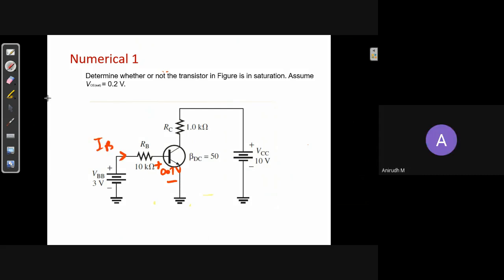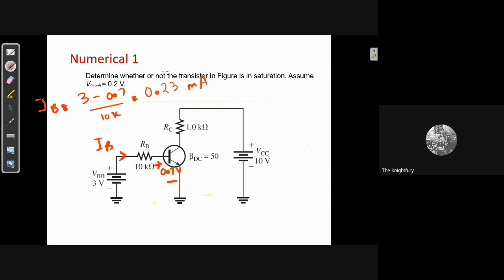So IB will be 3 volts minus 0.7 volts, divided by 10 kilo. So how much is it? 2.3 divided by 10 kilo, so it will be 0.23 milliamperes, right?